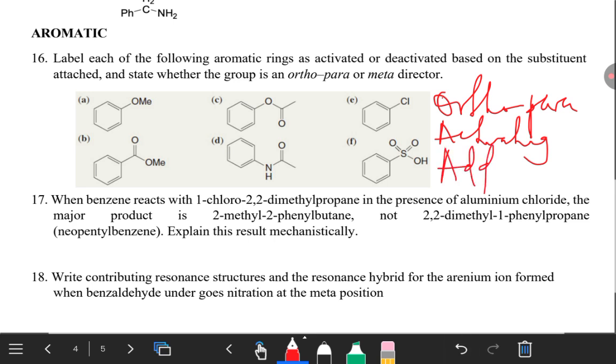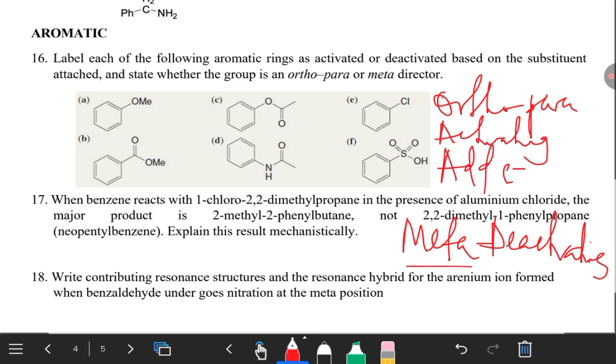Then meta directors are also known as deactivators or deactivating groups. These are groups which are able to withdraw electrons from the ring.